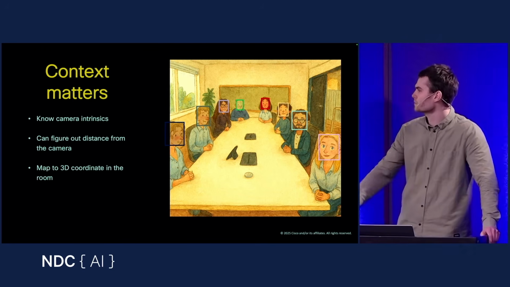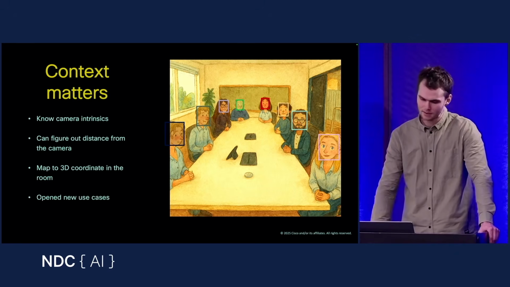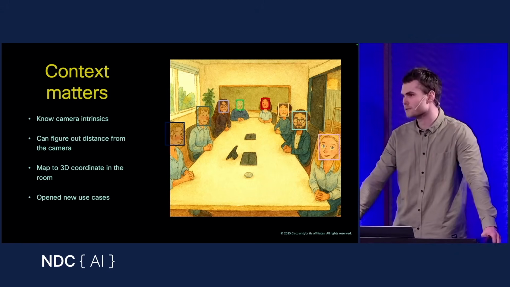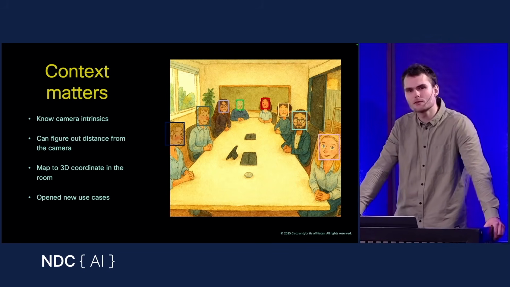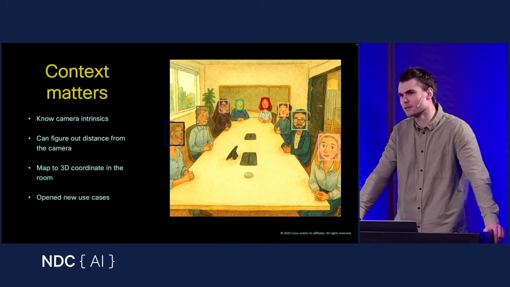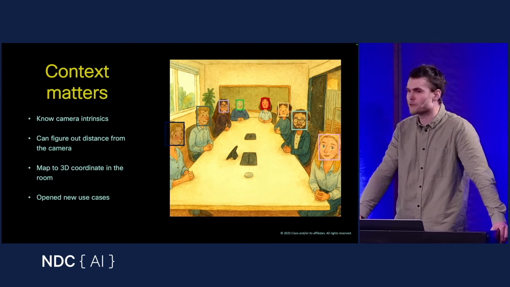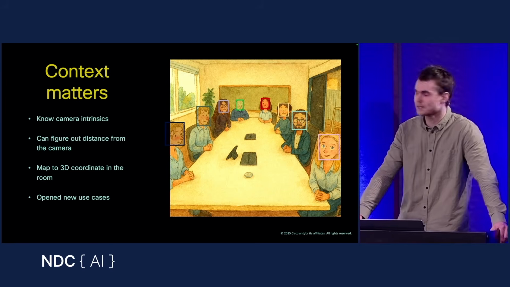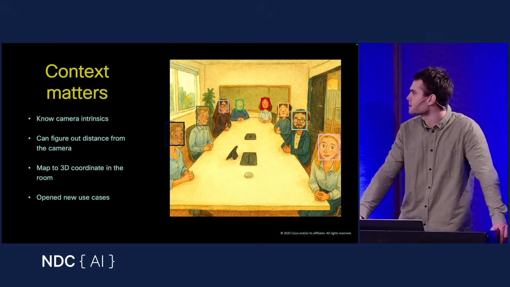And that means that we can map each of these heads to a 3D coordinate in the room. And that obviously opens up even more use cases for such a model. And this also explains why it's useful for us to find heads in particular and not full bodies. Your body can have different poses which will change the box size, and you won't see all of it at once. But head sizes are nicely consistent.